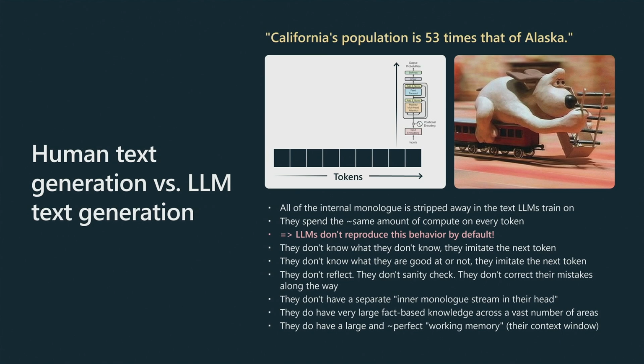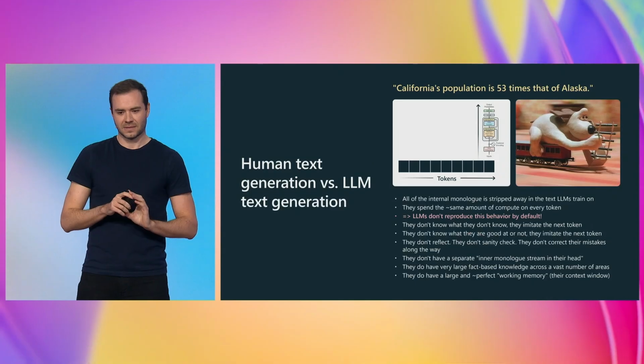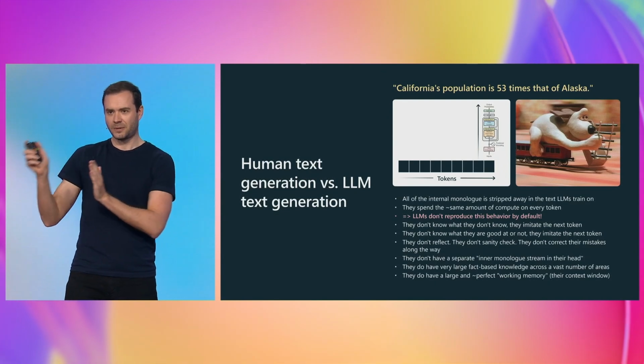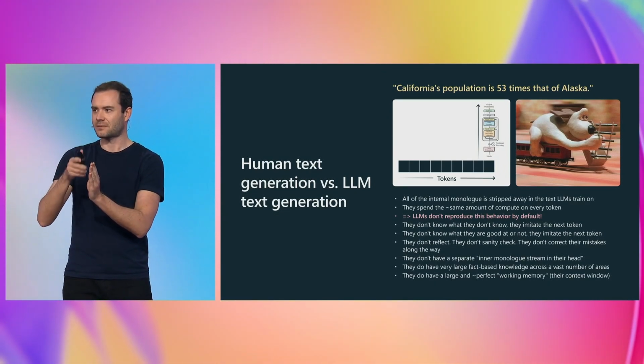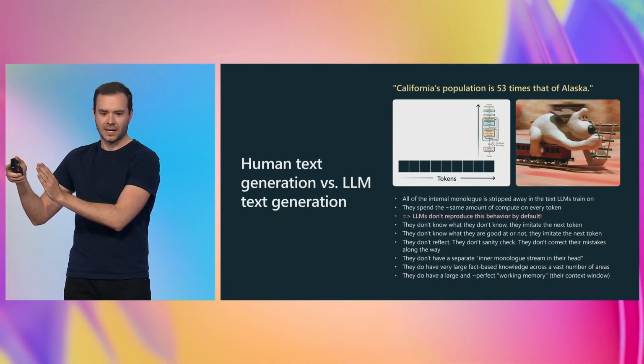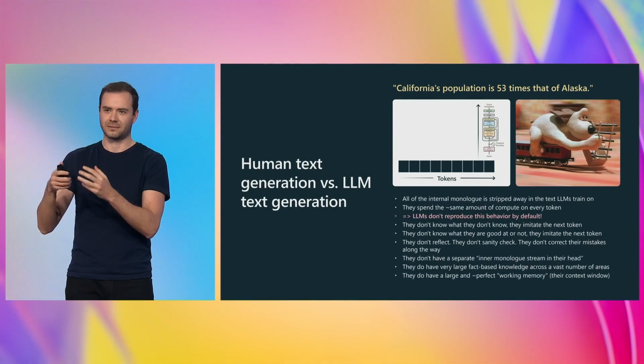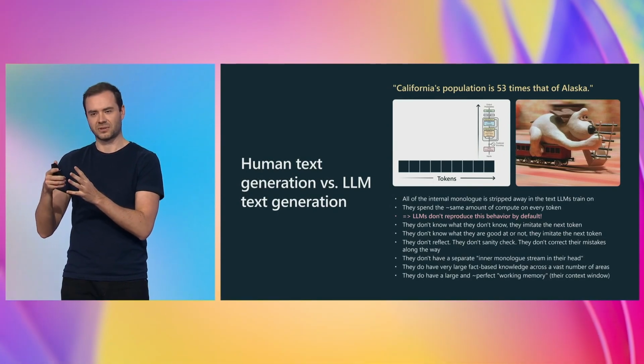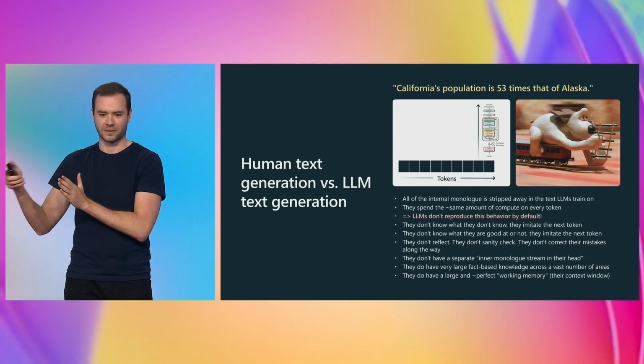So in particular, in our final artifacts, in the data sets that we create and then eventually feed to LLMs, all of that internal dialogue is completely stripped. And unlike you, the GPT will look at every single token and spend the same amount of compute on every one of them. So you can't expect it to do too much work per token.